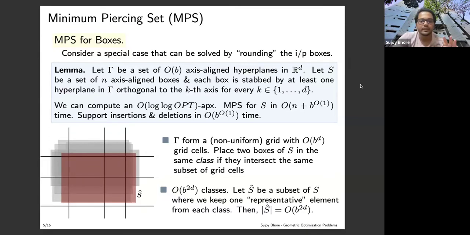And let's say that we create a special subset S hat by keeping one representative from each of these classes. So we have this grid partition, we break the whole instance into a smaller set of classes, and from each class we are going to keep only one representative. Therefore, the cardinality of this representative set is roughly order B^(2d).